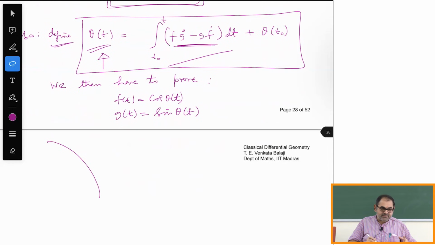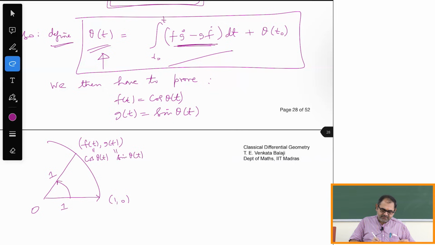So this is the unit circle. There is this vector which is 1, 0. Then there is this vector which is f(t), g(t). And you want to show that this is cos theta t and this is sin theta t, where this angle is theta t. You want to show this.